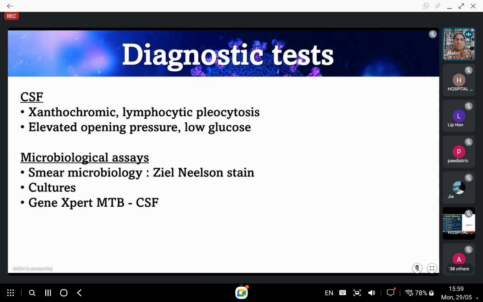So an LP is actually a more sensitive test for TB meningitis. So if your EVD sample is normal, it does not exclude TB meningitis. Your lumbar puncture sample is actually more specific.